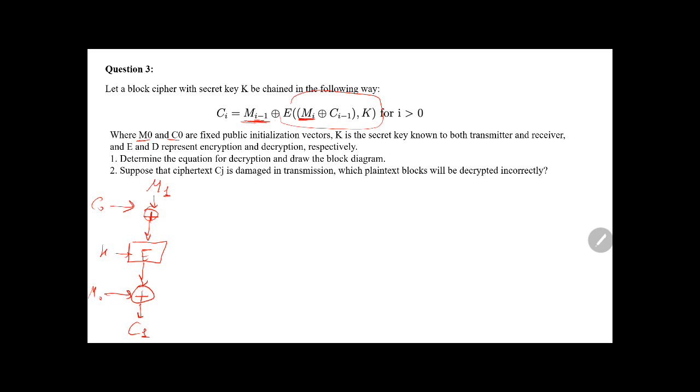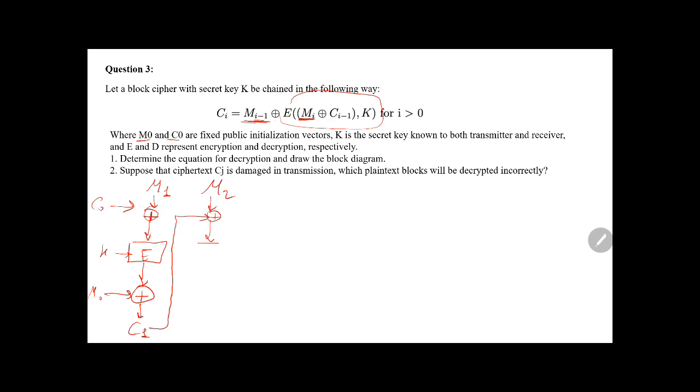Let's try to draw the second block to give you an intuition about how this works. So I want to encrypt the second message here, which is M2. M2 should go to the same XOR. We're doing the same algorithm, remember? So M2 here will get XORed with C of I minus 1. In this case, C of I minus 1 will be C1. So I will be XORing with this one. Okay, so what happens next?